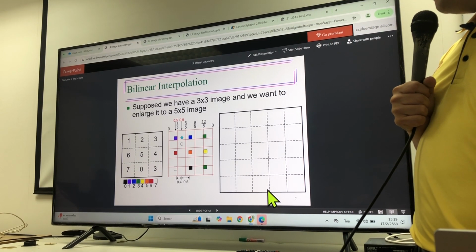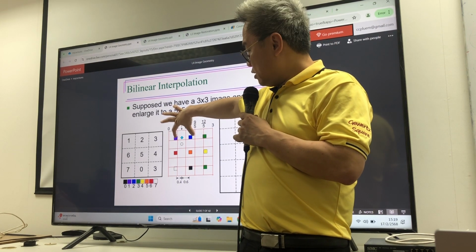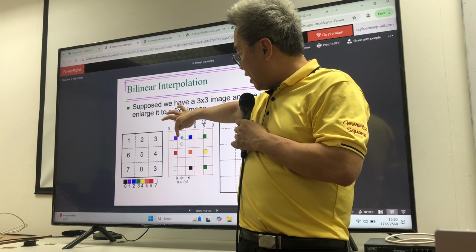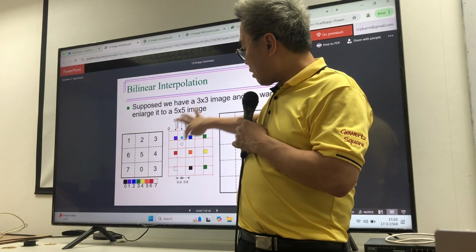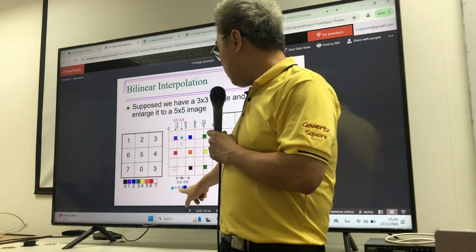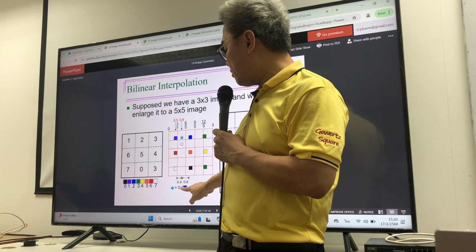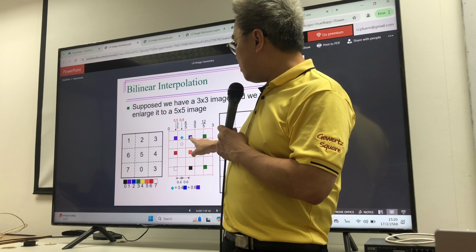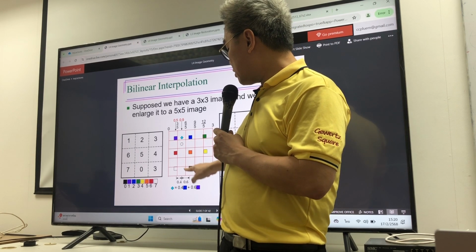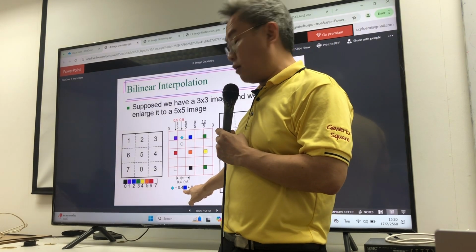You know the positions, and then you calculate the average between these 2, depending on the position. This is 0.5, this is 0.9, so the difference is 0.4. You multiply it by the intensity here, and because this one is closer, it has less distance, so it weighs more.